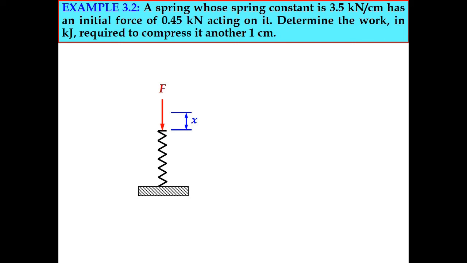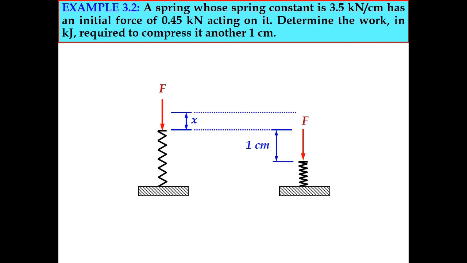The question asks you to determine the spring work if we compress another 1 centimeter. So we add 1 centimeter more compared to the initial state, and want to know the value of the work.